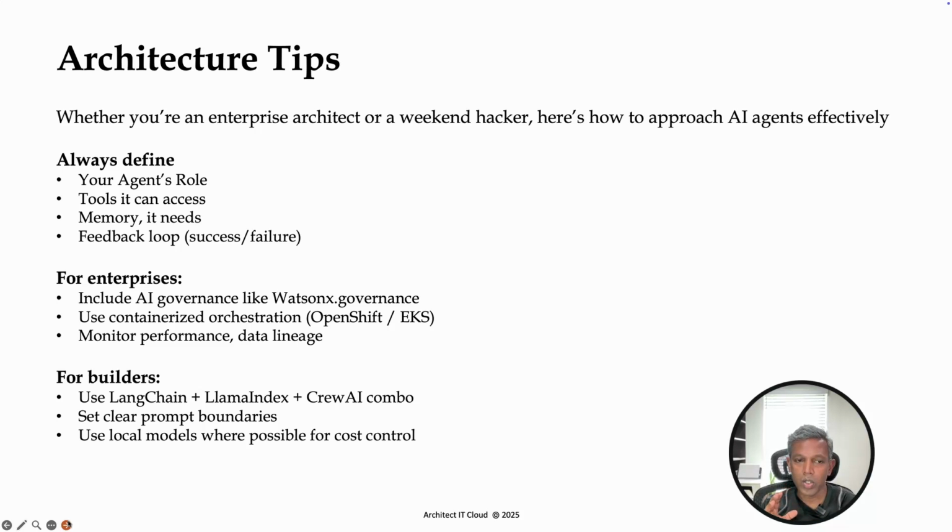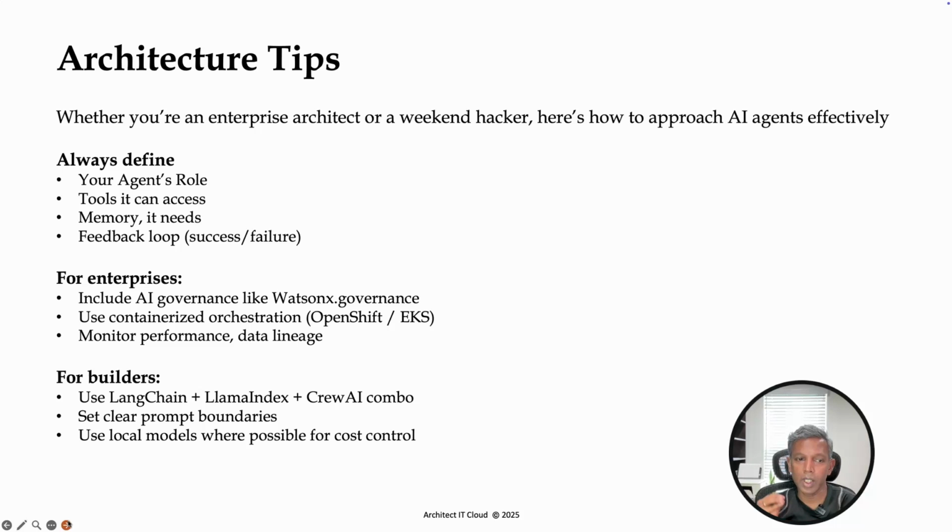And also, since agents need a lot of help with the tools, right? So you must identify what are all the tools this particular agent can access to complete the task. And when it comes to memory, this is another key factor that you must keep in mind as an architect, how much memory it needs to perform a particular task.